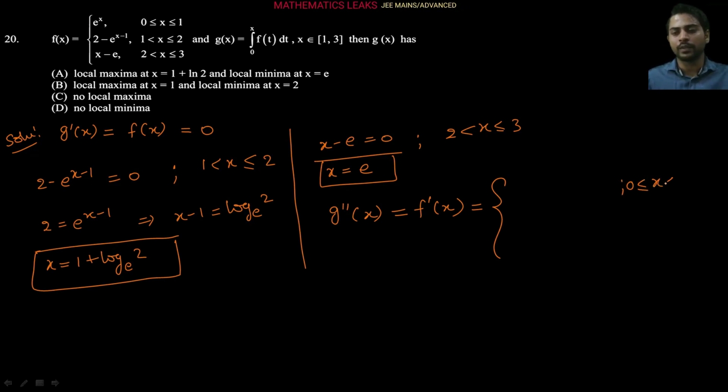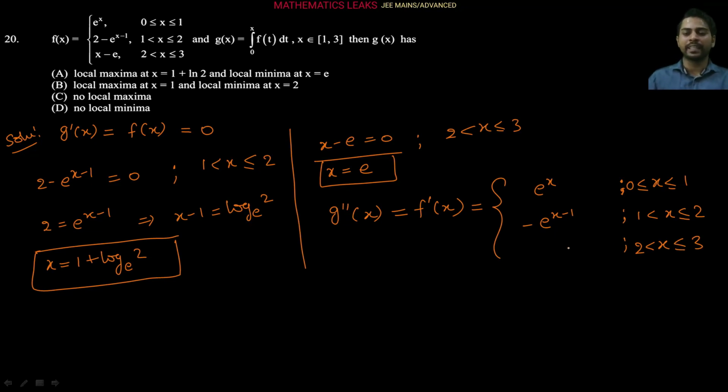E to the power x differentiates to e to the power x only. Similarly in between 1 to 2 we get minus of e to the power x minus 1, right? And now x is in between 2 open interval to closed interval 3, so we get here 1.